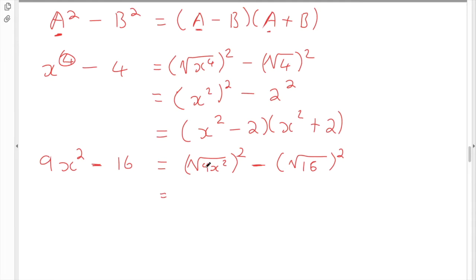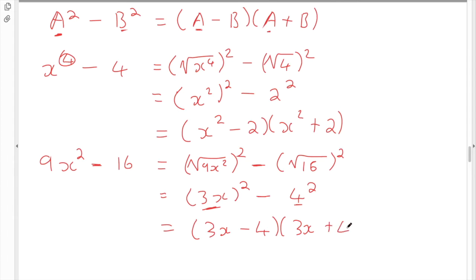And then that's going to give us the root of 9 is 3, the root of x squared is x, and that all squared, and then we subtract 4 squared. And in that case, a is 3x and b is 4. So factorizing that, we get 3x minus 4 multiplied by 3x plus 4.